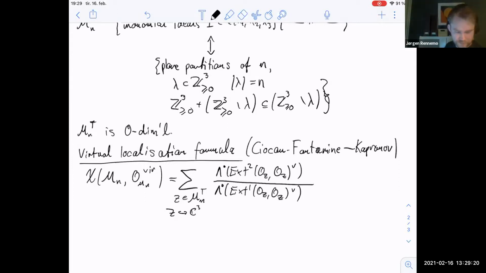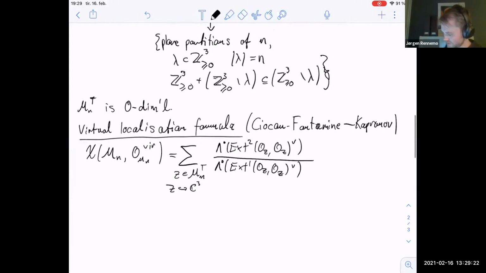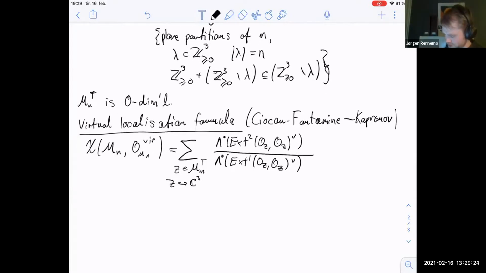So it's this fraction, and how do we interpret it? When I write this wedge bullet of something, it's slightly dodgy notation, but I mean the alternating sum of wedge i alphas, where alpha is some K-theory class.